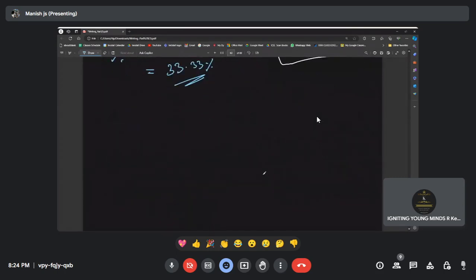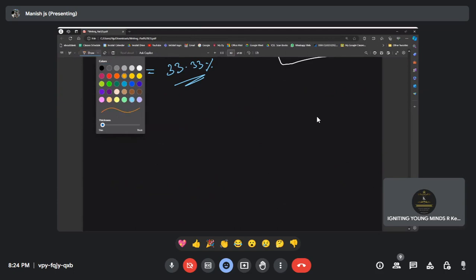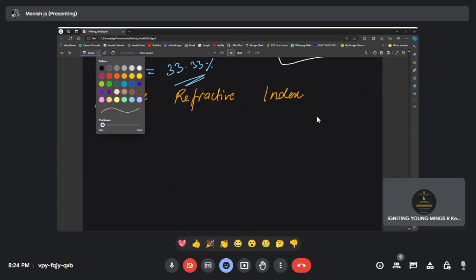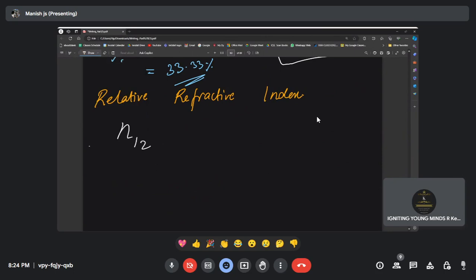So we are done with refraction. Now we try to understand what is relative refractive index. Relative refractive index is the refractive index of one medium with respect to the other. Say I write it as N12.